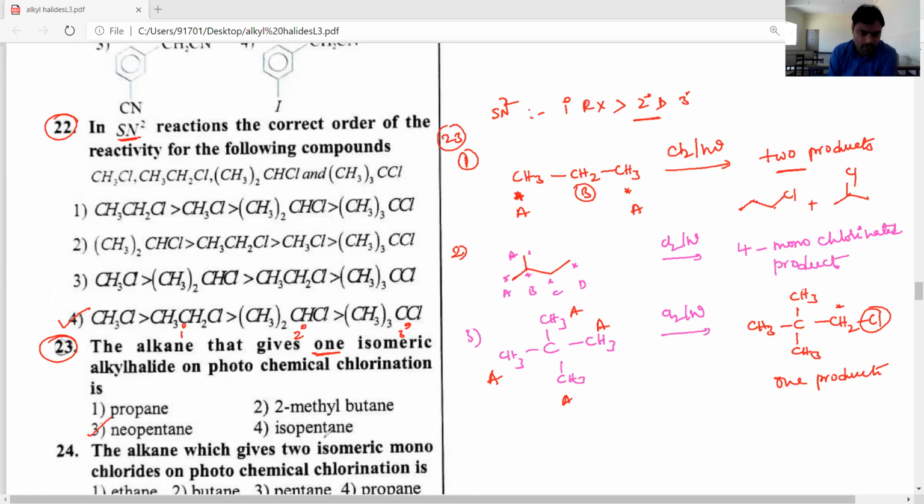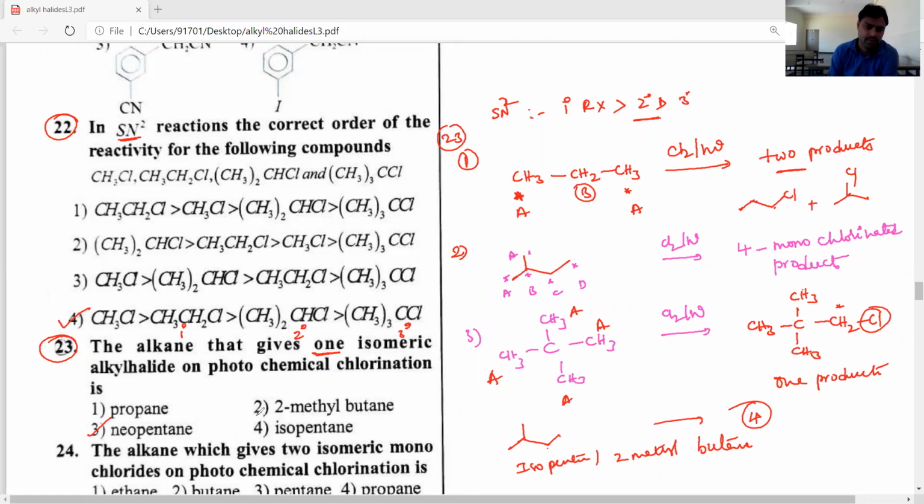Now isopentane, let's see. Isopentane is nothing but 2-methylbutane only. 1, 2, 3, 4. This common name is isopentane. So how many products does it produce? 4 products.